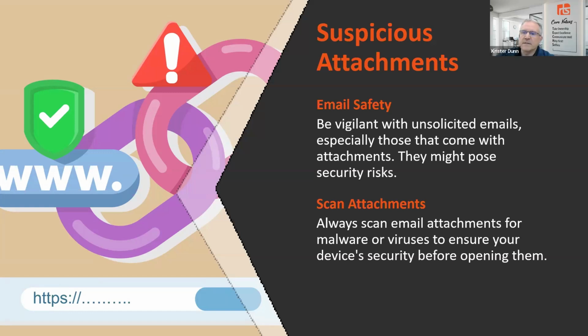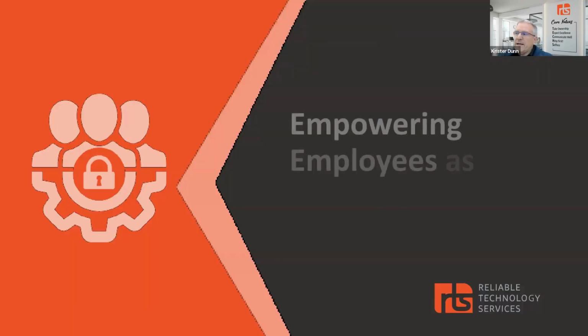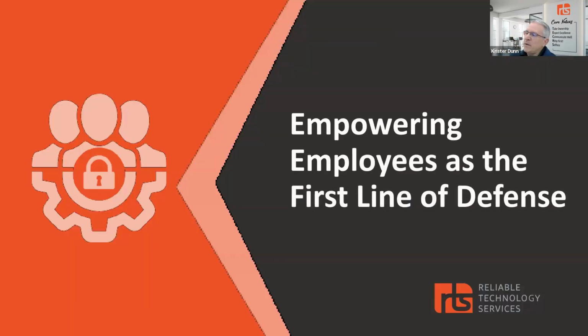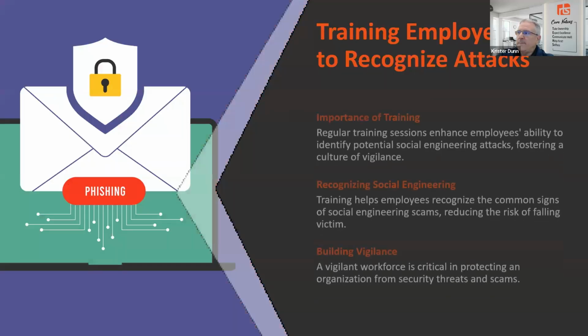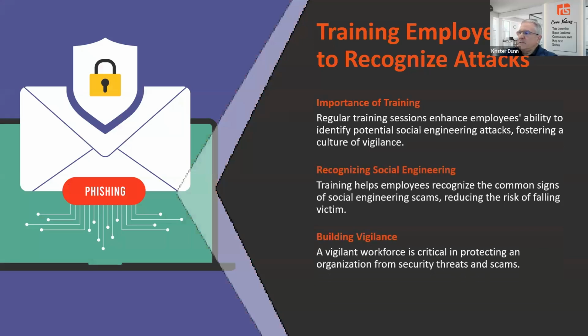We've talked a lot about employees and about people. So we're going to cover some ways to really empower your employees, because they're the first line of defense. And employee, really anybody in the company, from ownership straight on down to whoever's on the front line delivering service to your clients. Training them to recognize attacks. So there's placing a lot of importance within your company culture around training.